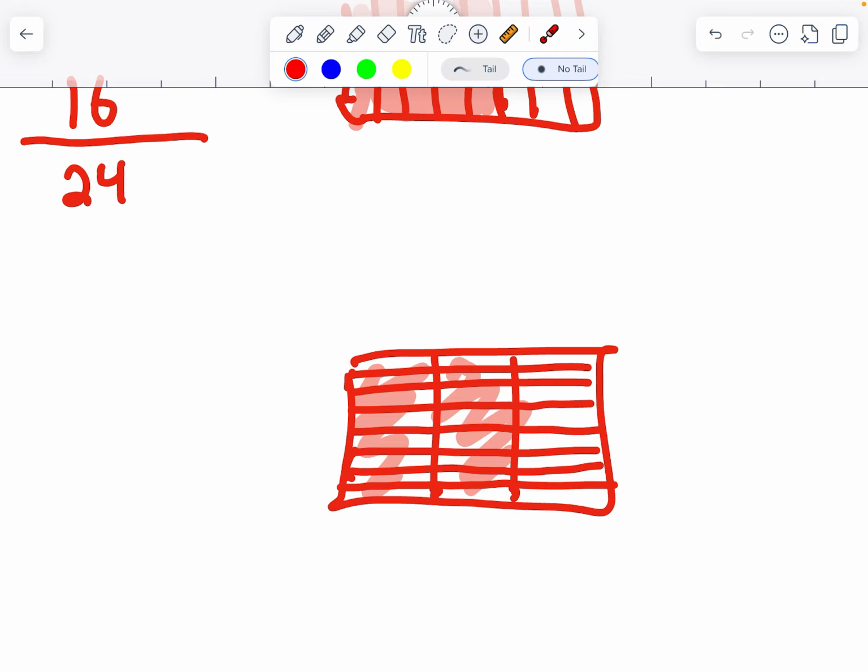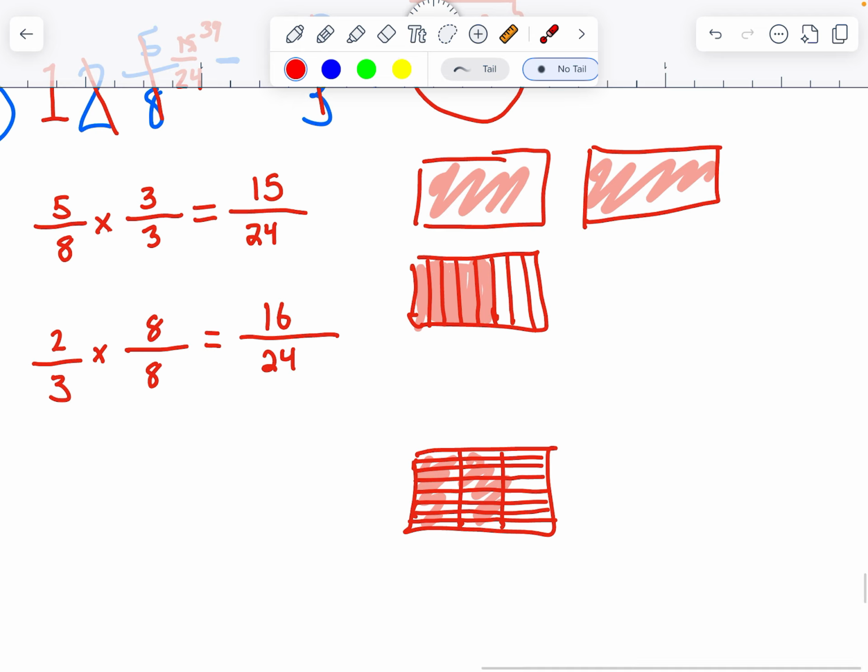So this is proof that 2/3 equals 1, 2, 3, 4, 5, 6, 7, 8, 16 out of 24. You can see it. Right, 16 24ths. Now here, I'm going to cut this into thirds going this way. Those aren't perfect. And I can see that this is 1, 2, 3, 4, 5, 6, 7, 8, 9, 10, 11, 12, 13, 14, 15, 15 24ths.